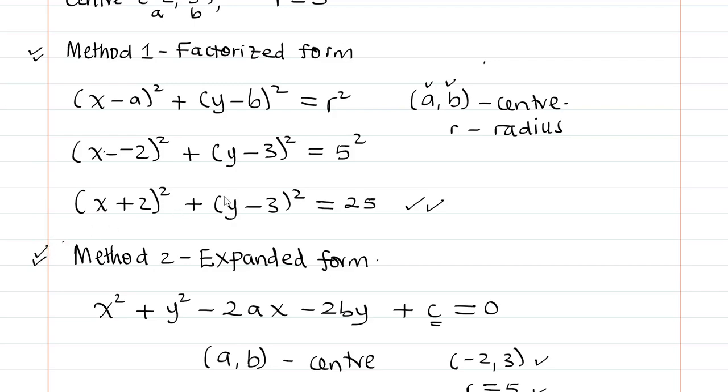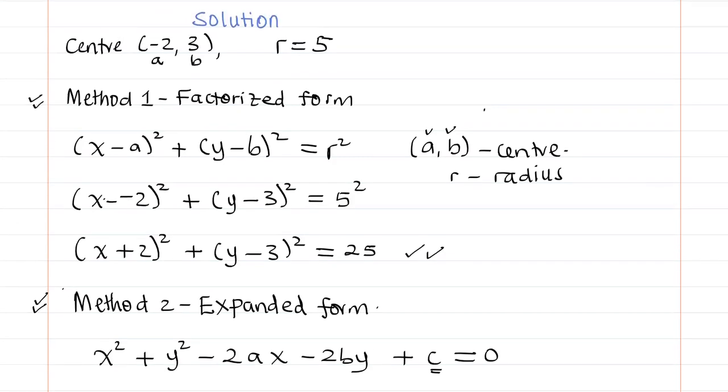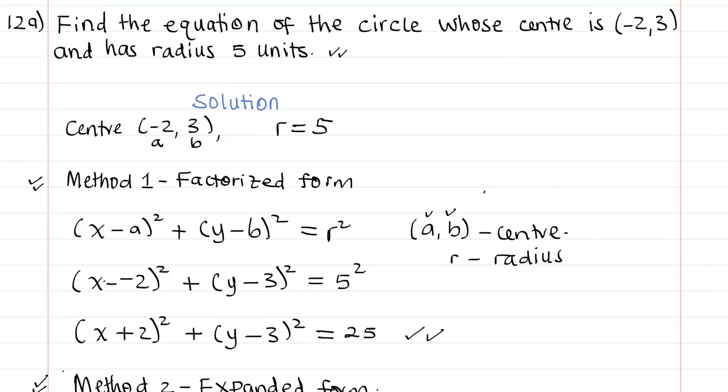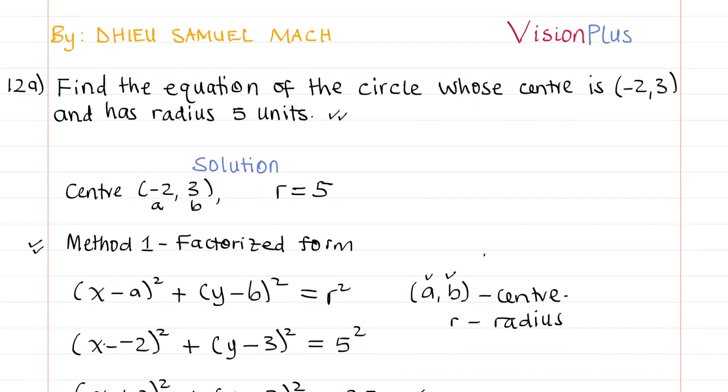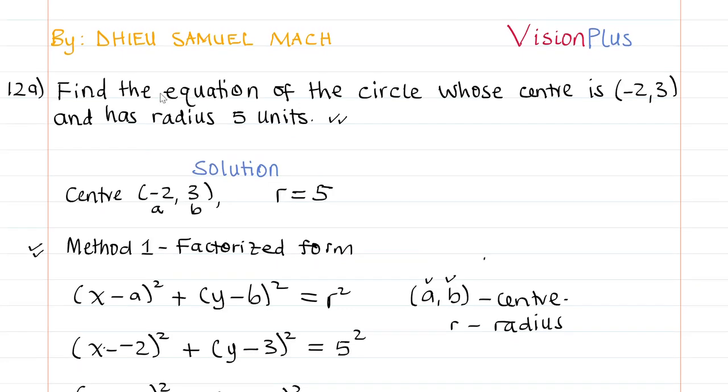Even if we had squared the factorized form and then rearranged, it would give us the expanded form, simply because the expanded form is obtained from the expansion of the factorized form. So the two forms are interconvertible. Therefore, that is the solution to number 12A of the Giant Examination Board.